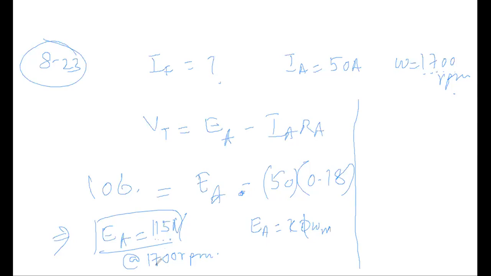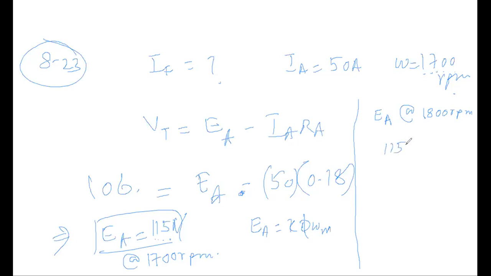So what you are going to do is find the corresponding EA at 1800 RPM.